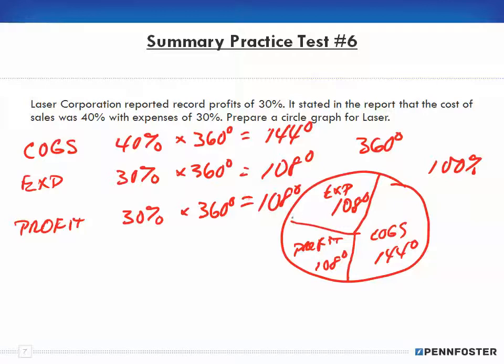But if you're doing it by hand, it's just as easy to section it off. You do have to put in the amounts in order to make everything relative. So that's creating the circle graph, or a pie chart.